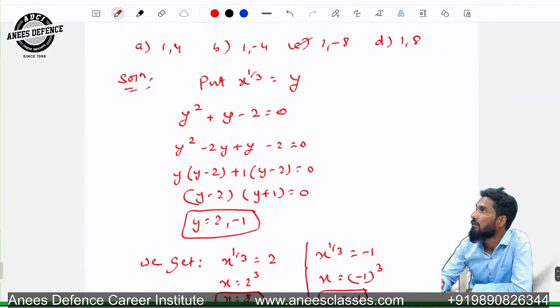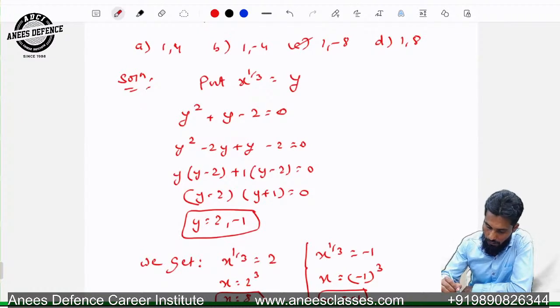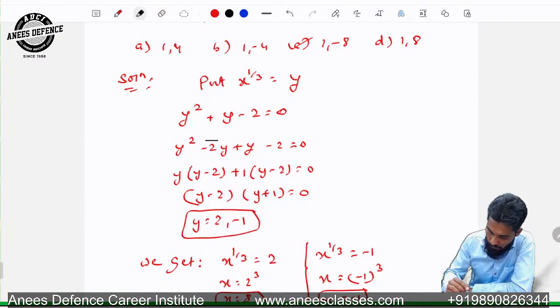In middle term splitting, sir, plus 2y minus y. Oh, you are right. Got it. Here we have made some mistake in signs. Here it should be plus, and here it should be minus, right? So we will get minus 2 and plus 1.